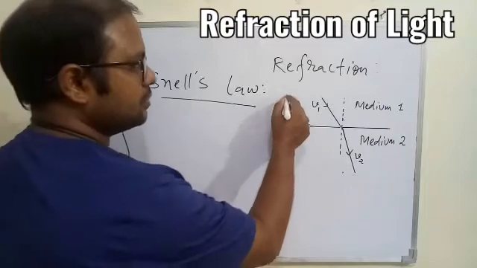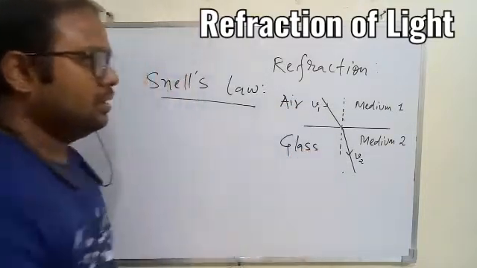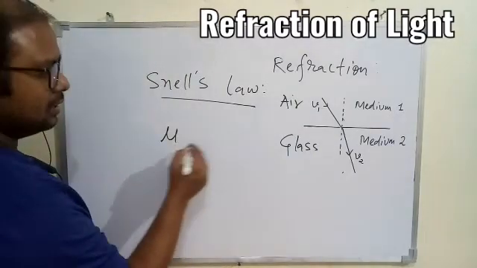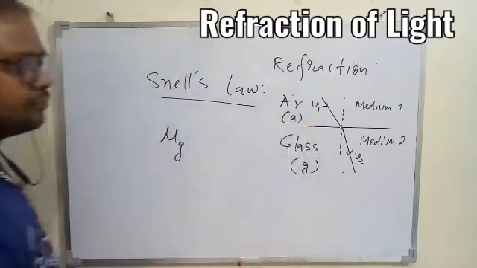Take an example: the first medium is air, the second medium is glass. Let the refractive index be written with small g for glass and small a for air.